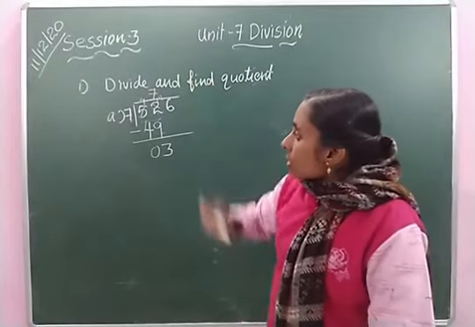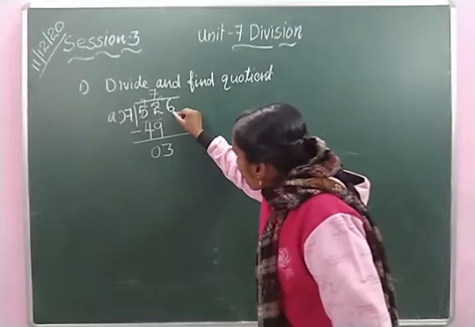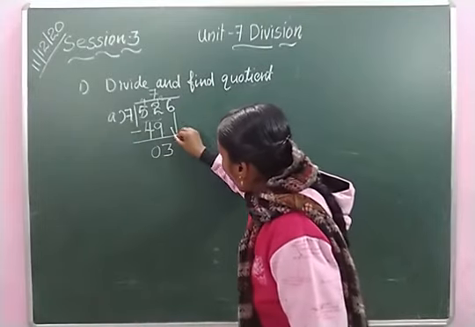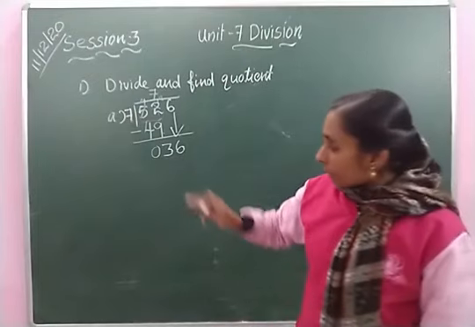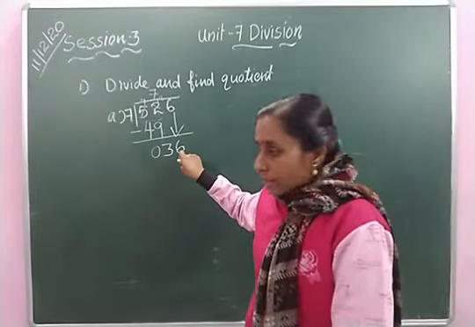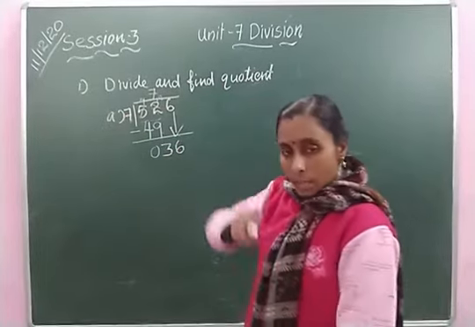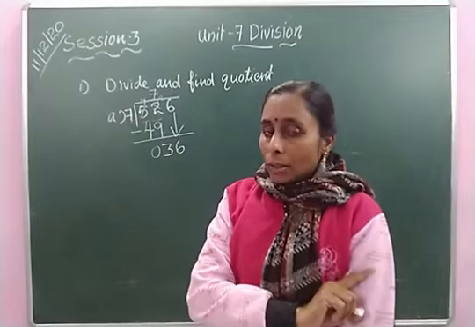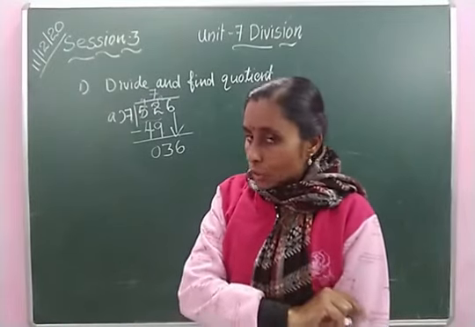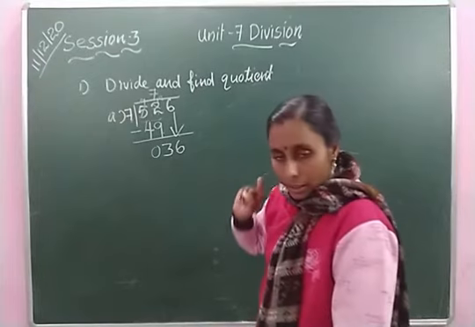Then is the division over? No, the division is not yet over. This 6 should come down. Now here in this place, that is 36. This 36 we have to divide by 7. 7 5s are 35, 7 6s are 42. So 6 times there is no 7 in 36.